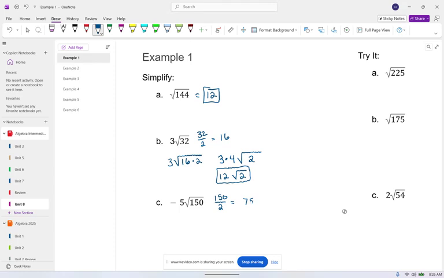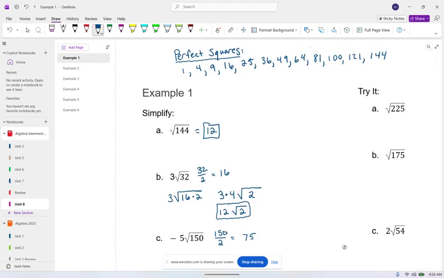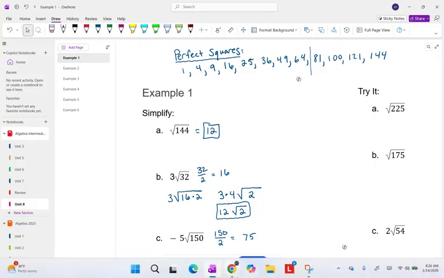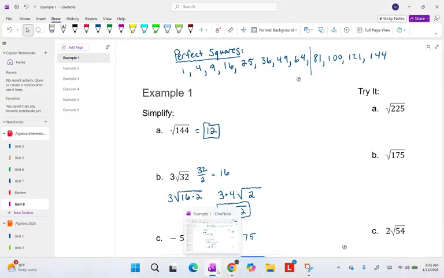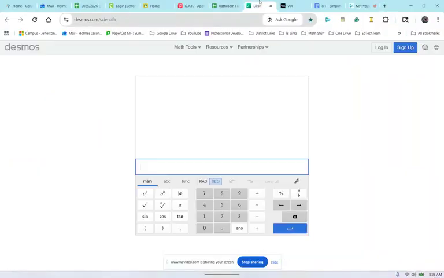This gives us 75. So I'm going to go to my list, and I'll start here between 64 and 81. 81 is too high, but we'll start with 64. And we'll ask, is 64 a factor of 150? We'll come over to our calculator. 150 divided by 64 is a decimal, so it's not 64.